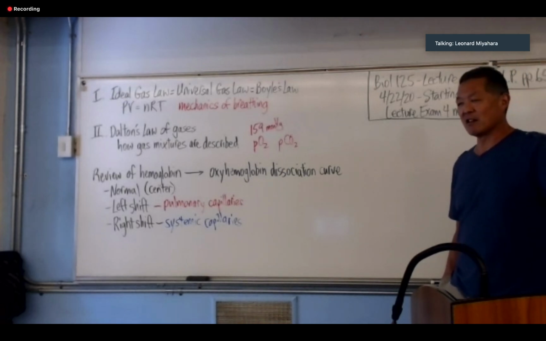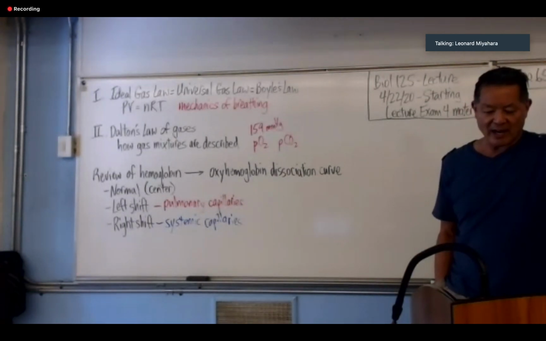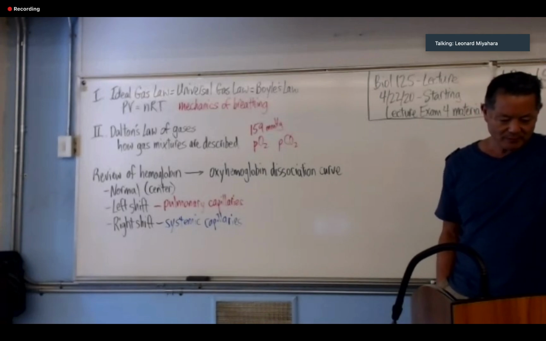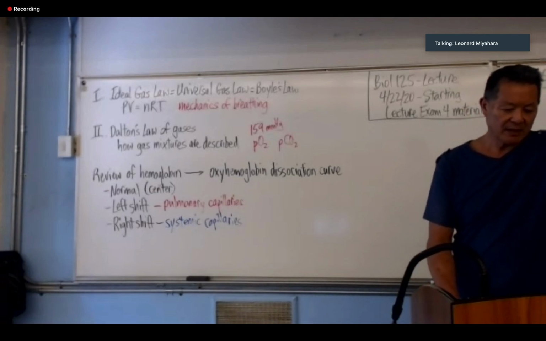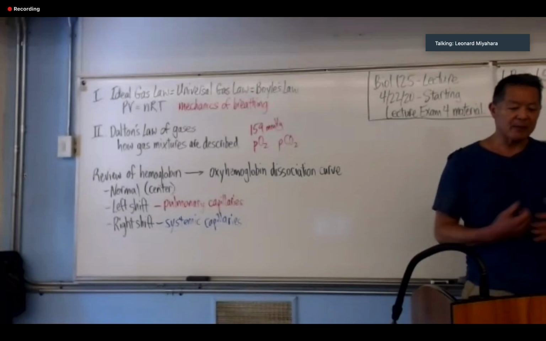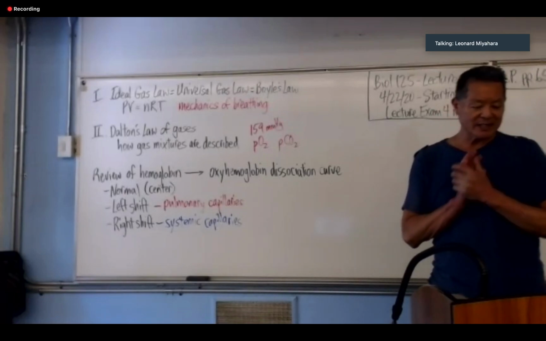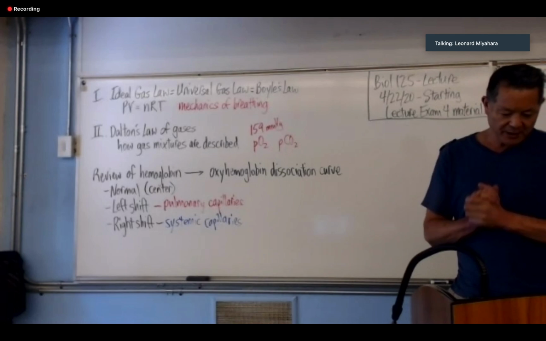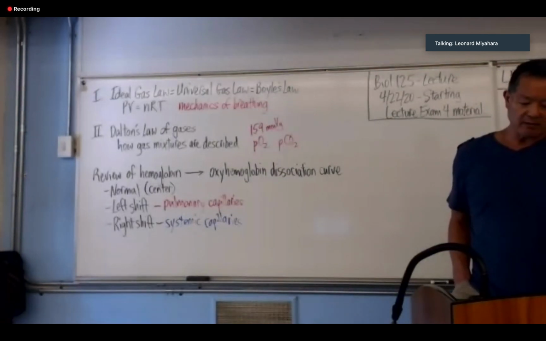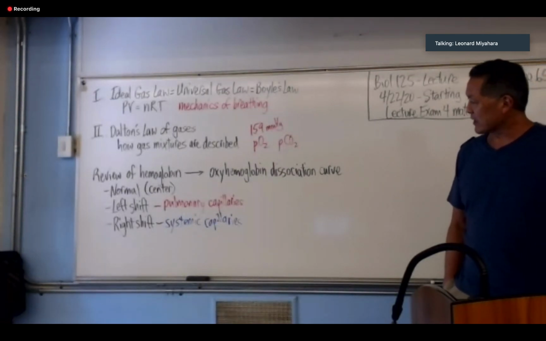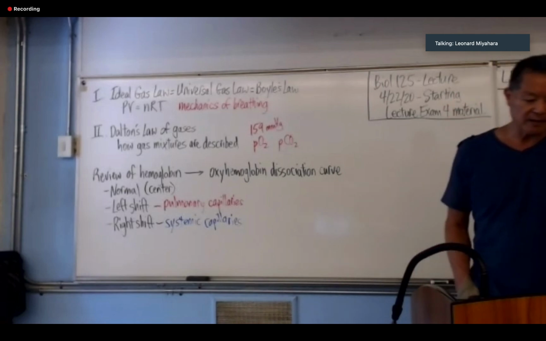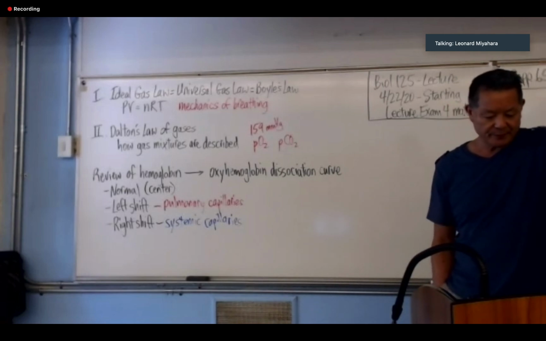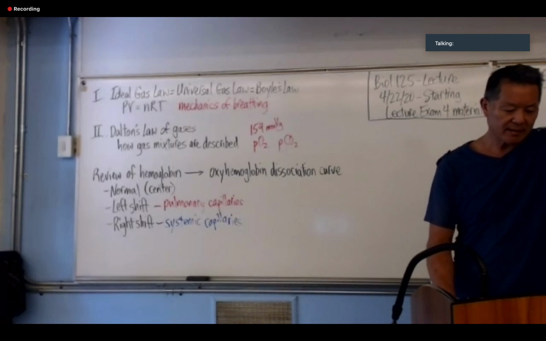It actually bonds onto water and forms what's called a hydronium ion. Okay? And again, the Bohr effect, if you get more acidity, you're going to cause the oxyhemoglobin dissociation curve to slide to the right. Okay.